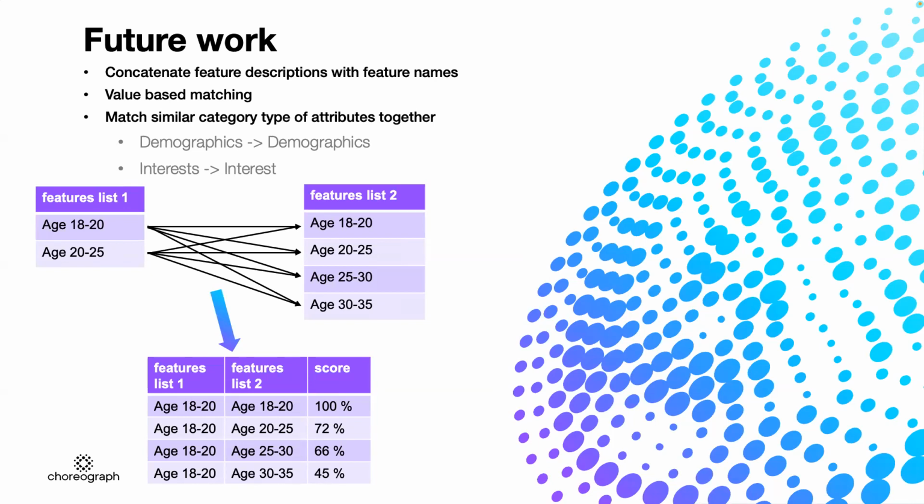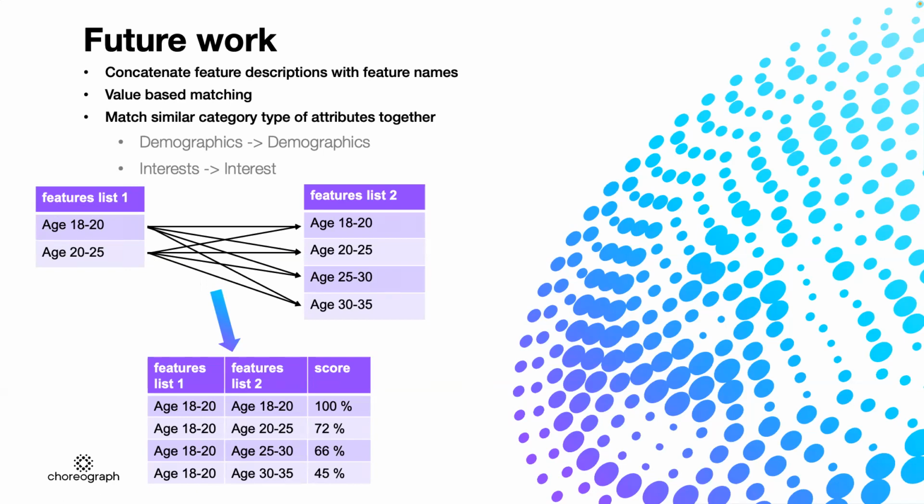And then the second step is a bit tricky one, and we call it value based matching. You can see over here, I have tried to show it as an example. For example, you have a list of features one, and then a second feature list, and you are trying to match feature names that are very highly dependent on the values that they are using. Both of these lists contain ages, and both will match with a very good score.